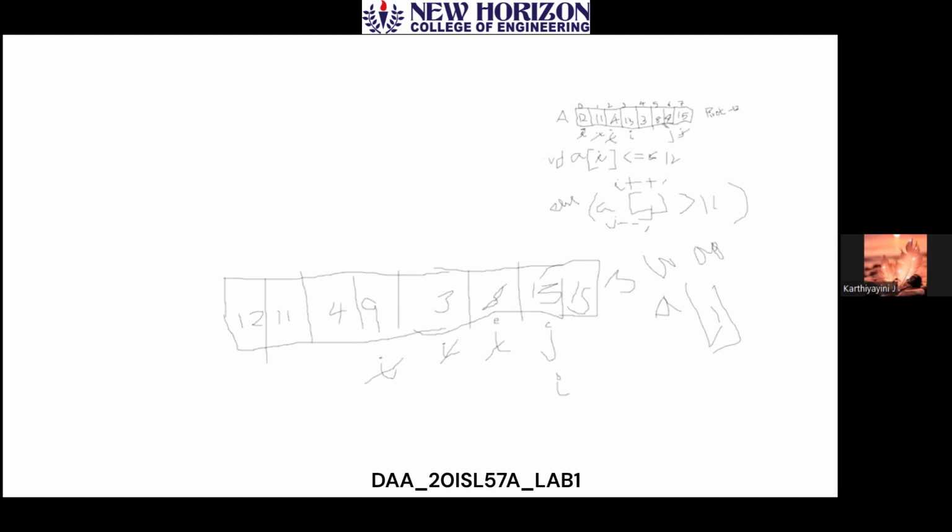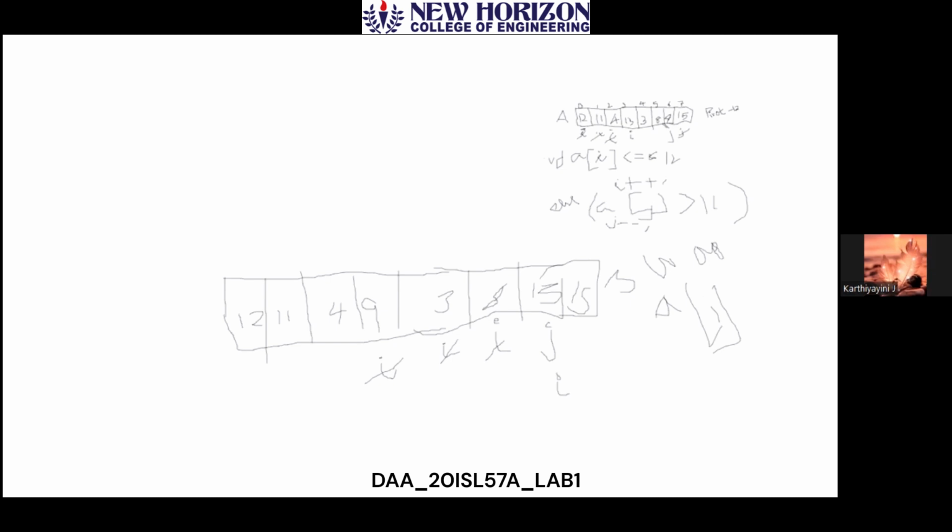A of I is greater than the pivot element. So we have to stop increasing I. Now I have to check with J: is A of J greater than the pivot or not? Yes, it is true. So I have to stop this.